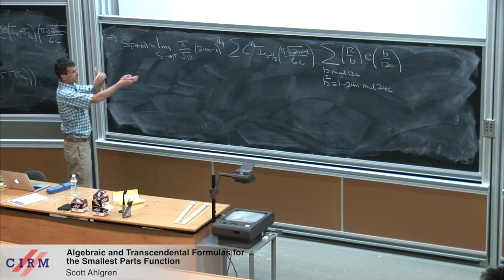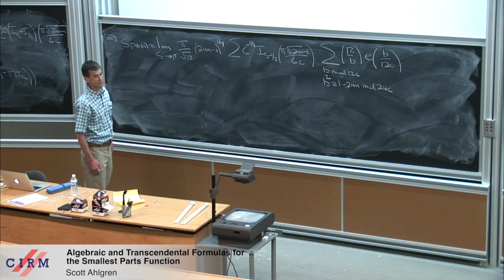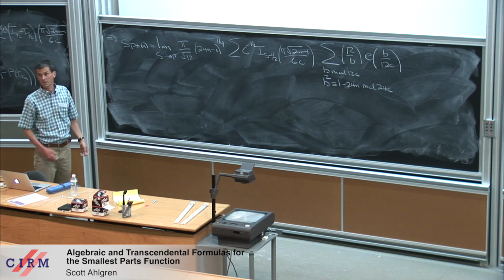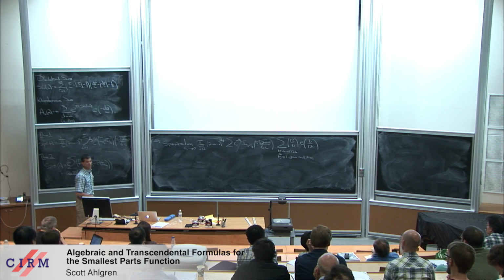And then you have to do some work with the character sums, and then you really want to interchange the limit and the sum, so you need some uniform convergence, and that comes out of this bound for sums of Kloosterman sums that I wrote down.